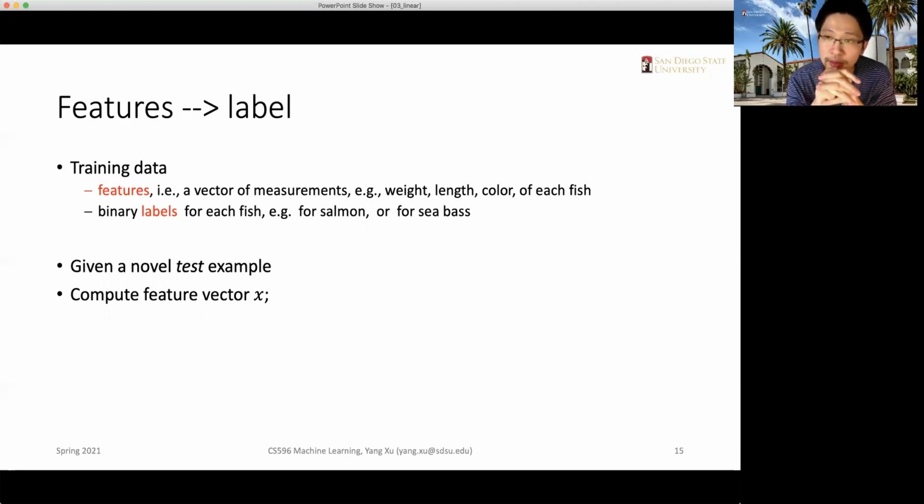After the model is trained, in the testing stage, we're usually given a bunch of test examples. We compute the feature vector for each test example and then apply the model upon the test examples. The job is to predict the label Y. This is also known as the paradigm for supervised learning. But we will see an example of unsupervised learning later, after a few slides.